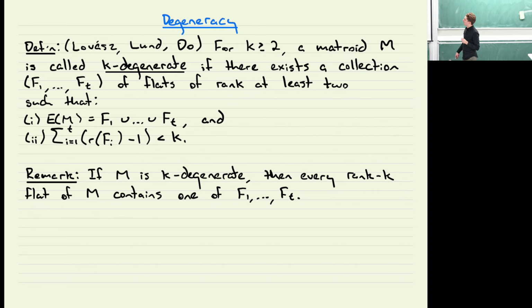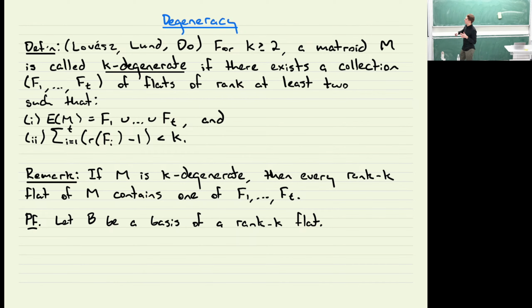What makes degeneracy bad is essentially this fact. If I have a K degenerate matroid and F1 through Ft here form this cover of flats per the definition, then every rank K flat in your matroid is forced to contain one of those flats in the cover.